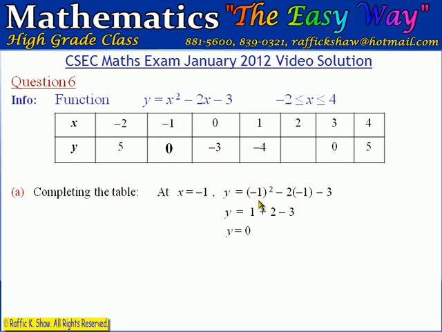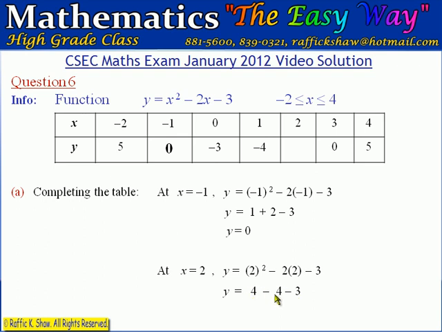And then for this cell, x is 2. So at x equals 2, we substitute the x value of 2 in the function equation. So that's 2 squared, minus 2 times 2, and then minus this 3. When we do that calculation, we end up with 2 squared is 4, minus 2 times 2 is 4, and then minus 3.